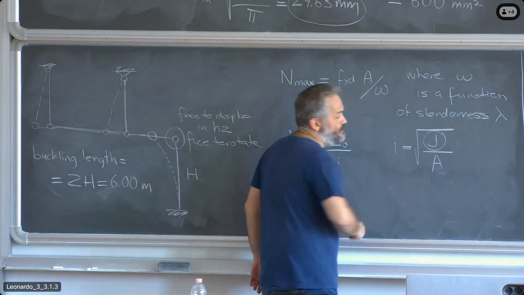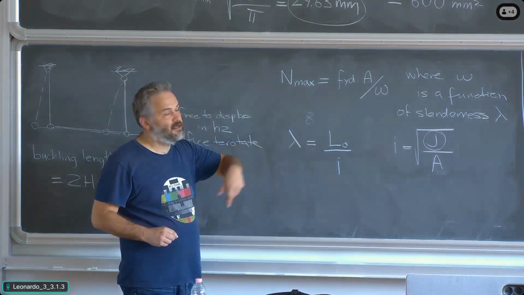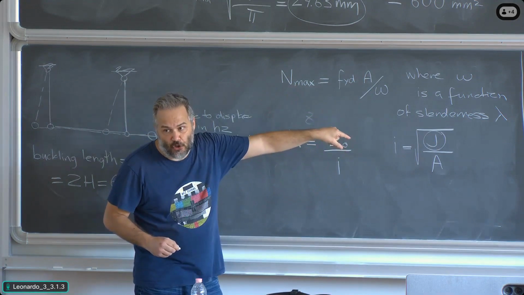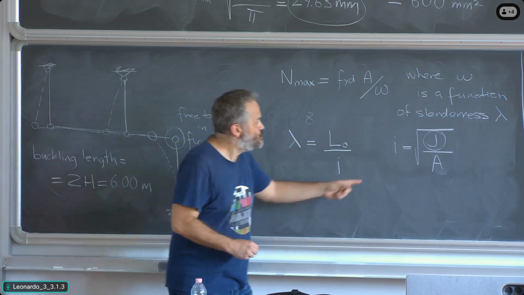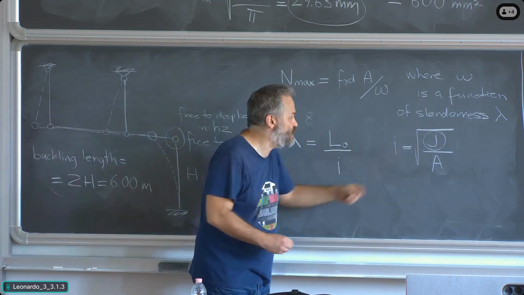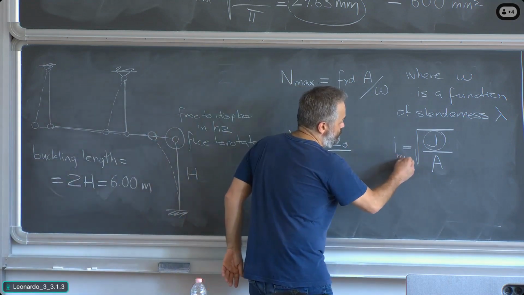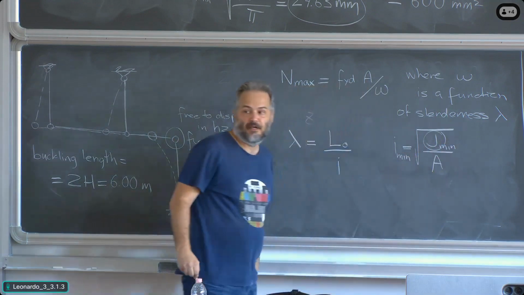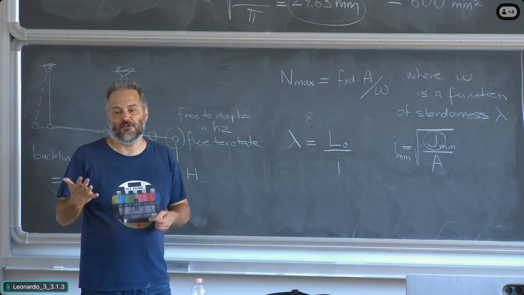It is conservative to do the check with the minimum value of the second order moment of area. So I'm calculating the radius of gyration based on the minimum value of the second order moment of area.